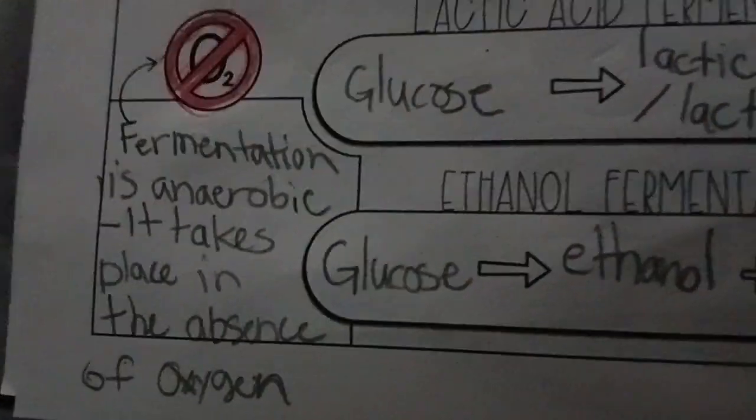And glucose with ethanol fermentation yields ethanol and carbon dioxide, or CO2. Fermentation is anaerobic. It takes place in the absence of oxygen, so no oxygen is needed.